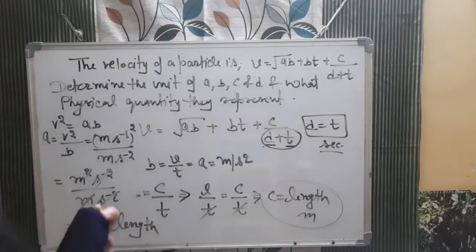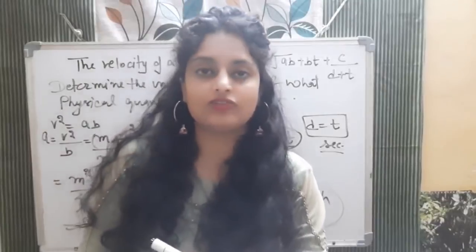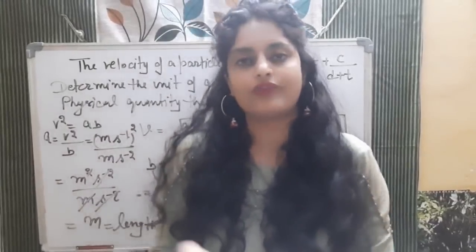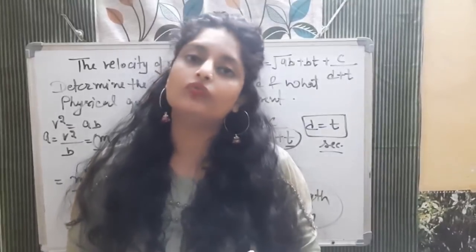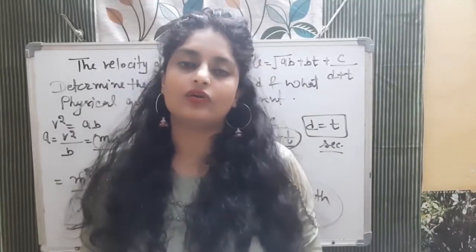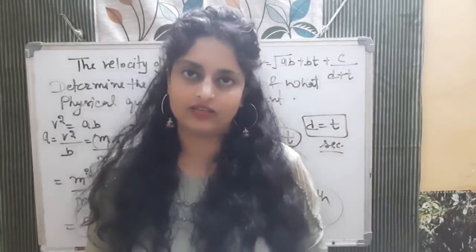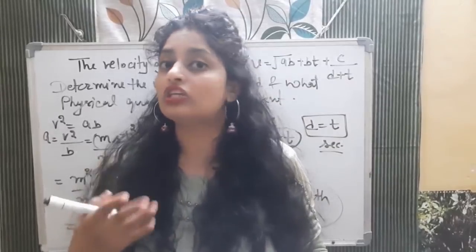See, this question was very important and interesting. What is this? The formula of velocity is given to you and they are asking about the four factors, their units and what physical quantity they will represent. How will you do it? You will apply the principle of homogeneity. According to that, the left hand side physical quantity must be equal to the right hand side physical quantity. So there are three parts and we already studied that we can add velocity to velocity only.